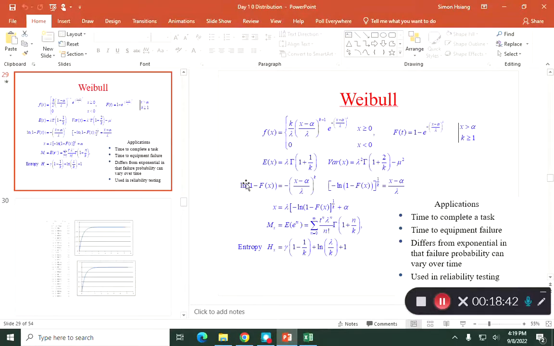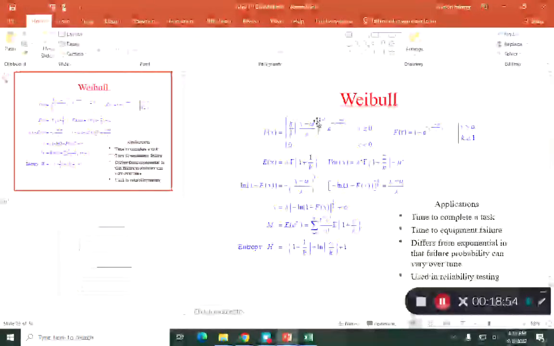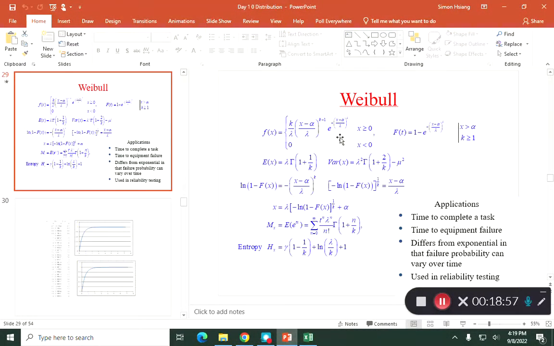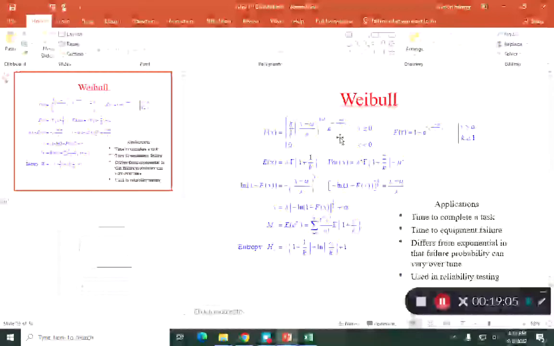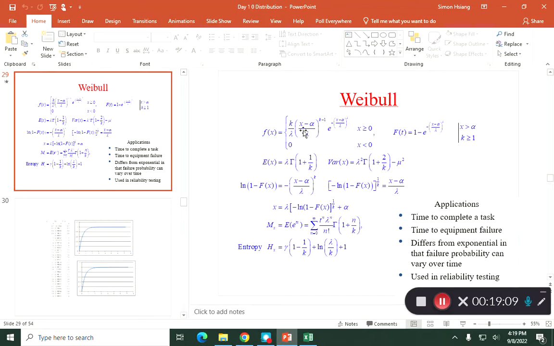Next, we're going to talk about Weibull distribution. All you need to remember is this, okay? If I let alpha equal to 0, k equal to 1, I'm sorry, lambda also equal to 1, this whole thing becomes what? 1 divided by minus 1 is 1. x minus alpha, alpha is 0, is x. k minus 1 is what? 1 minus 1 is 0.